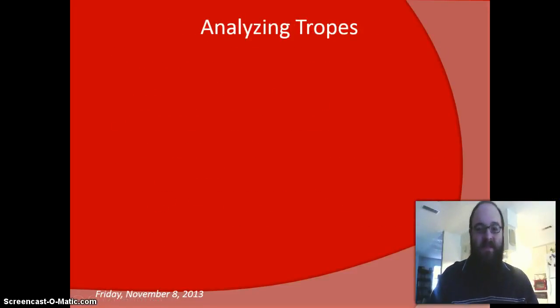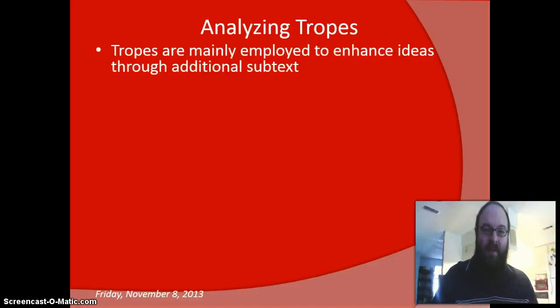When you're analyzing tropes, of course, you're looking at the word choice of an author. It's a lot more complicated than just looking at an author's diction, for example, which you guys have probably done analysis of in sophomore and freshman year. But it follows the same basic line of reasoning, providing you've been doing it correctly.